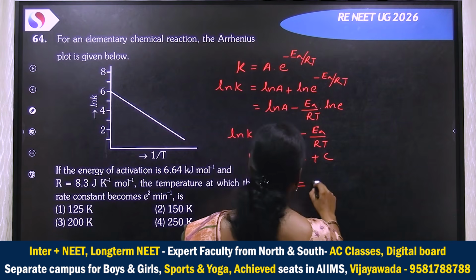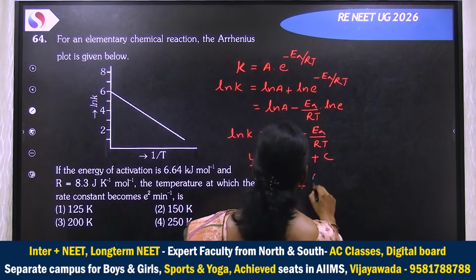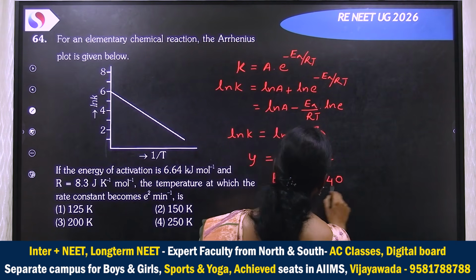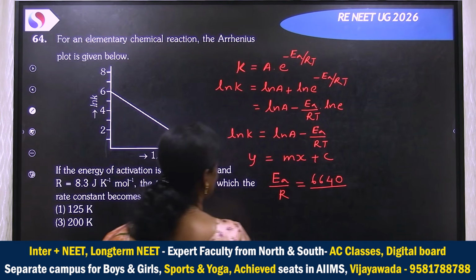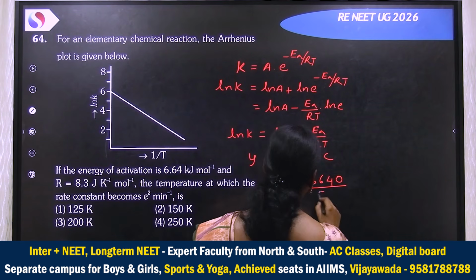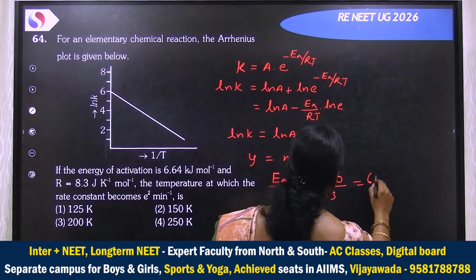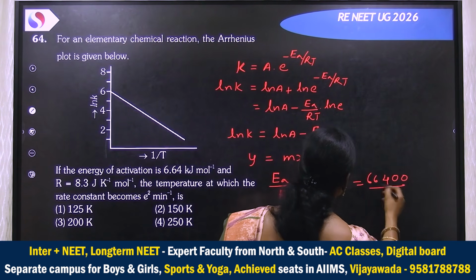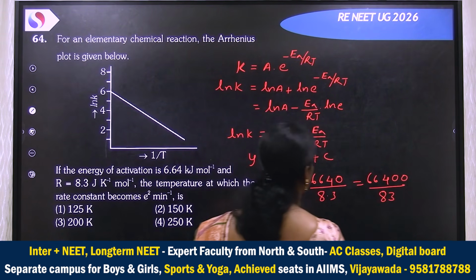So then 6,640 divided by R. The R value is already given in joules, 8.3. If I cancel the decimal point, 66,400 by 83.